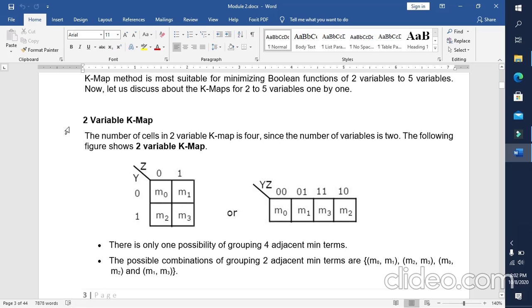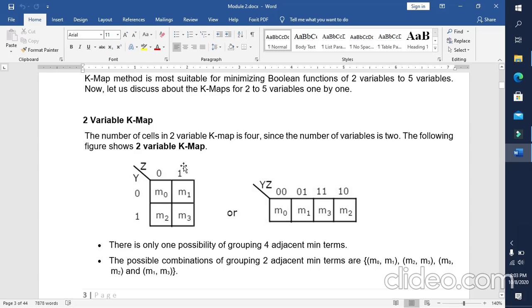For the 2 variable map, for example, we have variables y and z. There is no problem with the 2 variable map, because you will only deal with 0 and 1. The possible values for y are 0 and 1, and the possible values for z are 0 and 1 also.